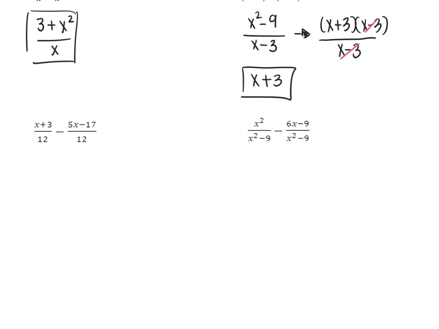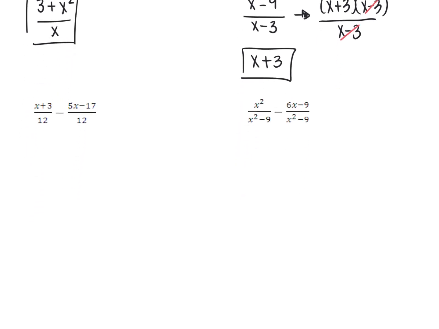Let's take a look at a little bit harder example. We have x plus 3 over 12 minus 5x minus 17 over 12. When I combine these like terms, I have to remember that I am subtracting the entirety of 5x minus 17 from x plus 3.